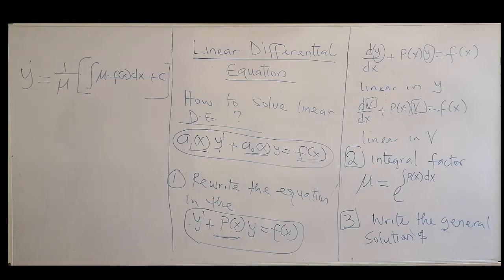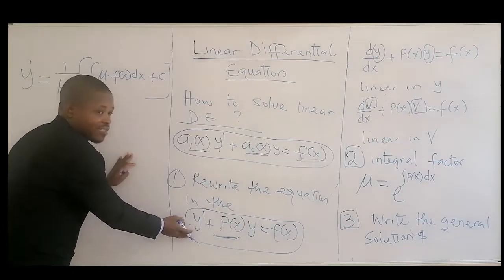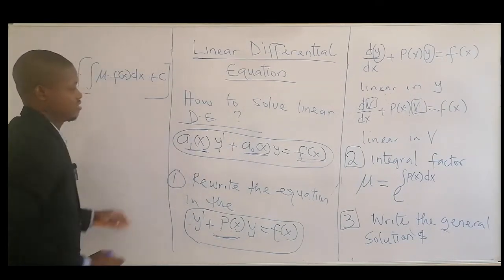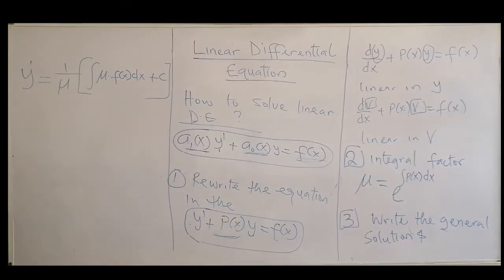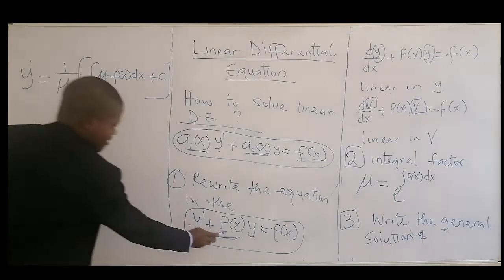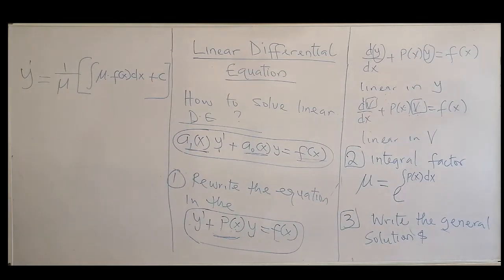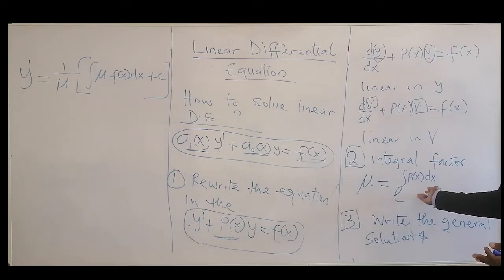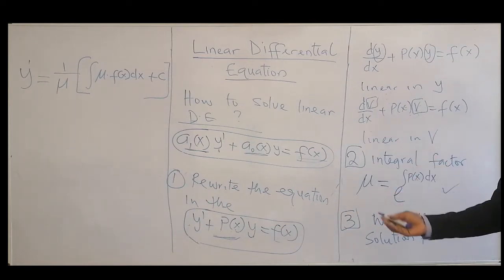Let me recap again. If you have an equation of this form, write it in this form. That means you have to divide through by the attachment of your y prime. After you have written it in this form, try to get your p of x. Once you know your p of x, you can get your integral factor, which is mu equals this. This is the equation for the integrating factor.